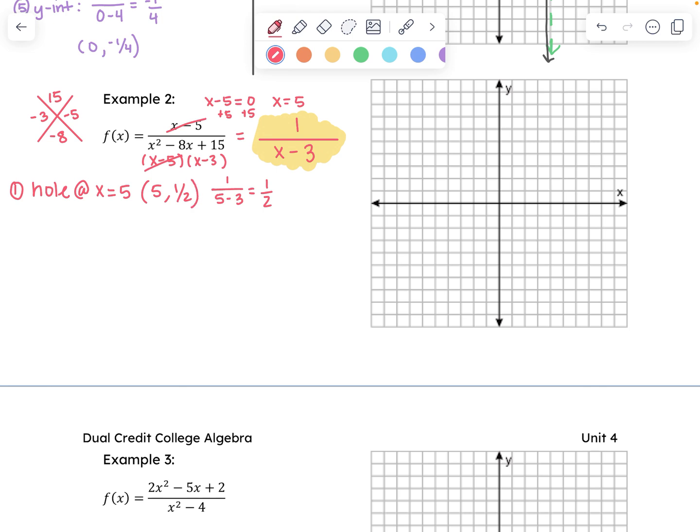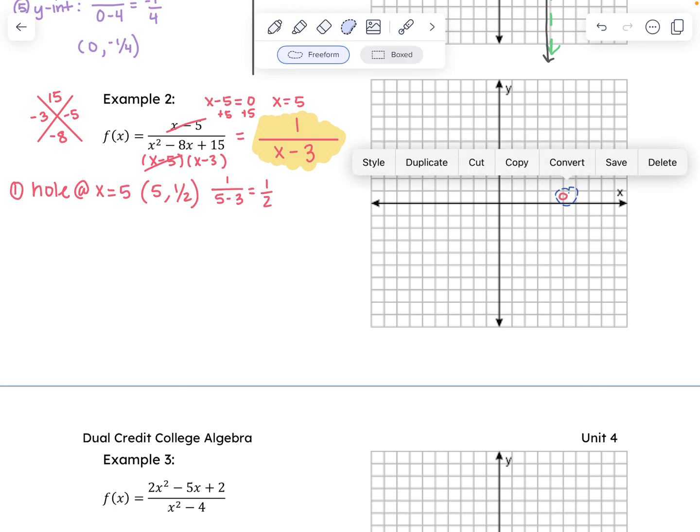When I draw this on my graph, I'm going to draw it as an open point since it's a hole at 5, 1/2, so about right there. And then I'm going to use that 1 over x minus 3 to find the rest of my characteristics. So my horizontal asymptote, vertical asymptote, x-intercept, y-intercept, all of that fun stuff.